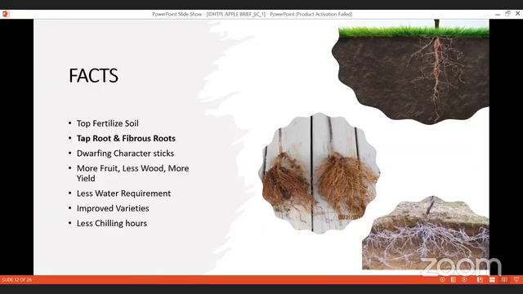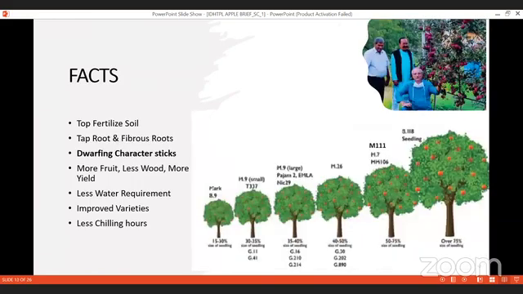At the top is the tap root system, and at the bottom you can see the white roots, that's a shallow root system. And on the left, this is a fibrous root system, and there is no tap root at all. This is M9 rootstock, where you won't find the tap root system.